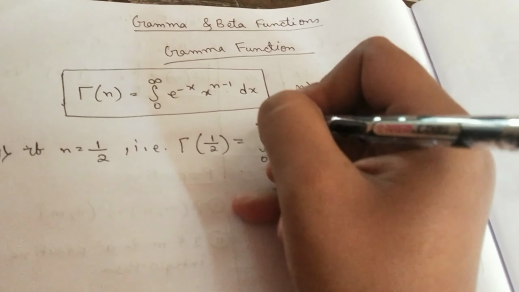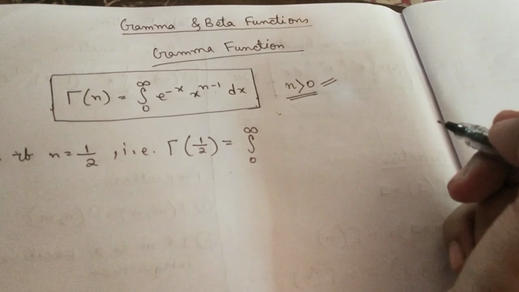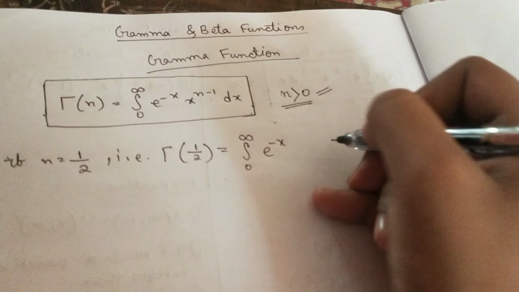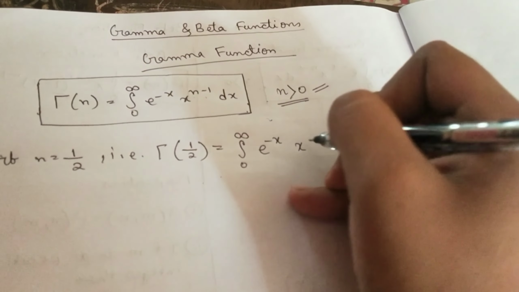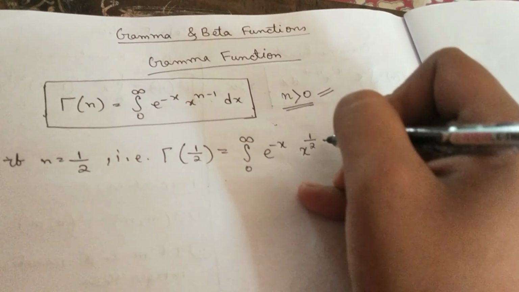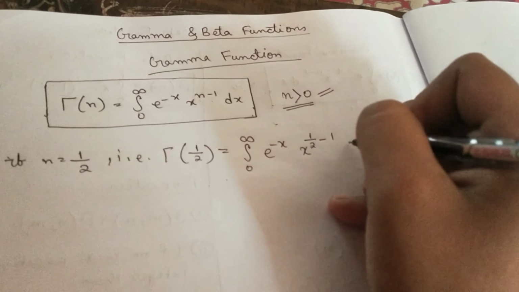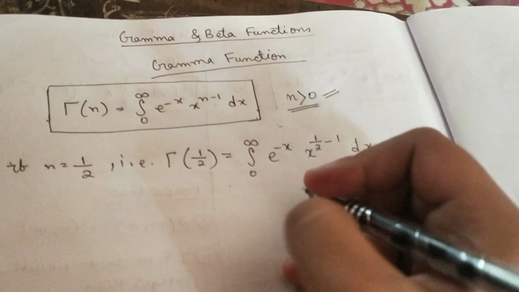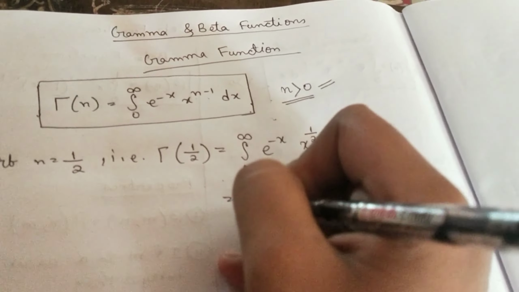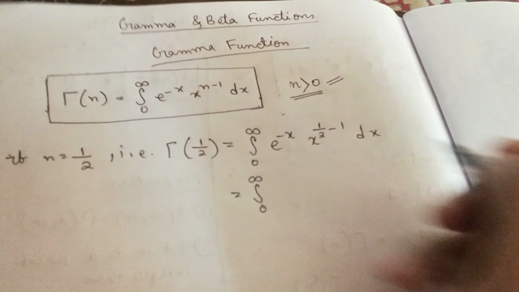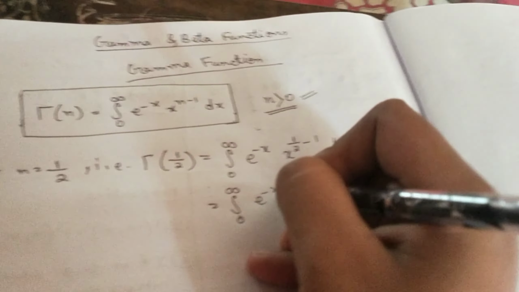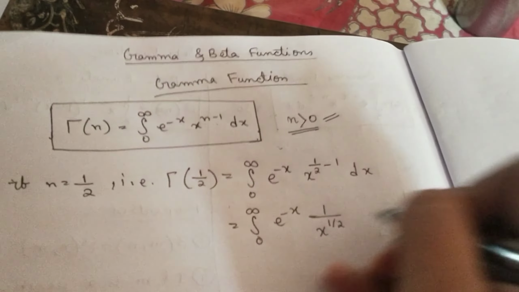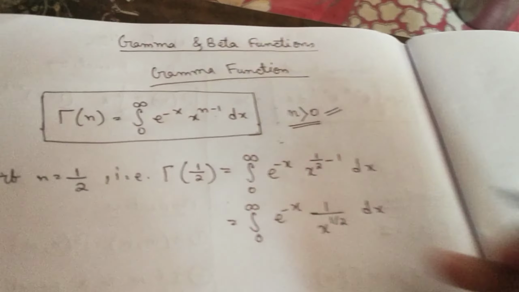First we will write integration 0 to infinity e to the power minus x, x to the power half minus 1, and dx. This is the correct one. So we can write this as integration 0 to infinity e to the power minus x, 1 by x to the power half, dx, right?